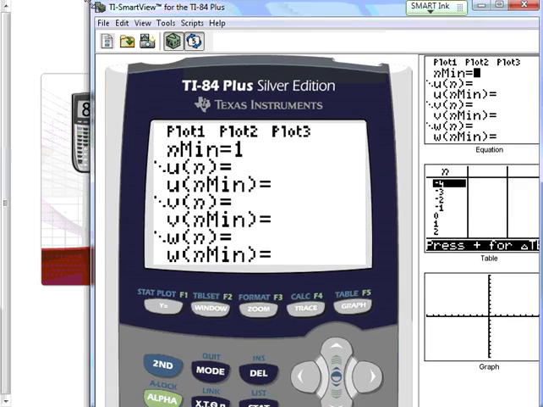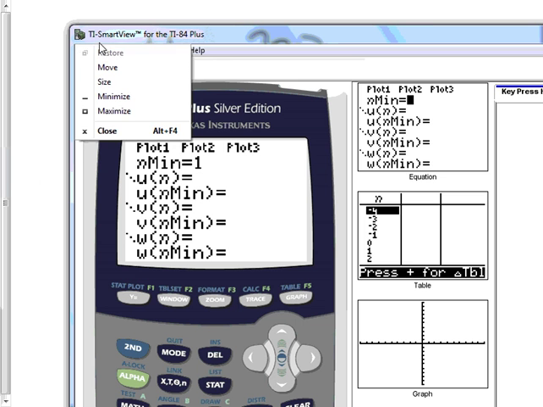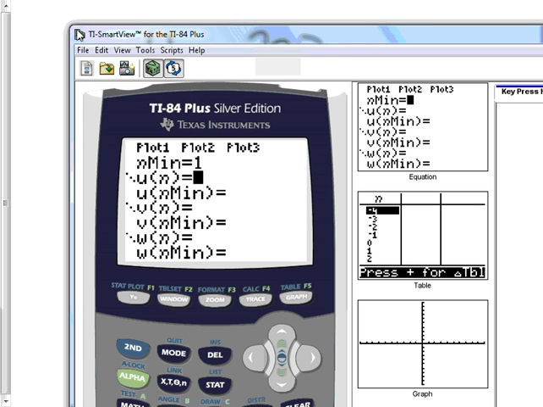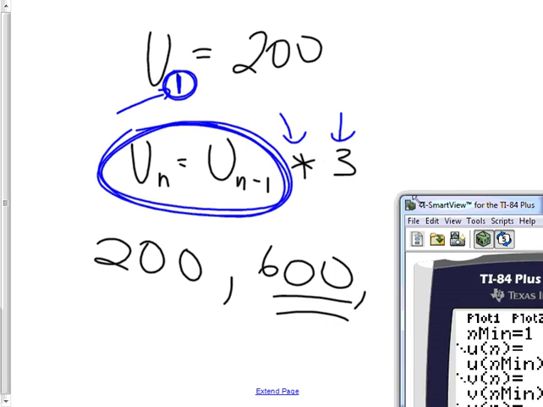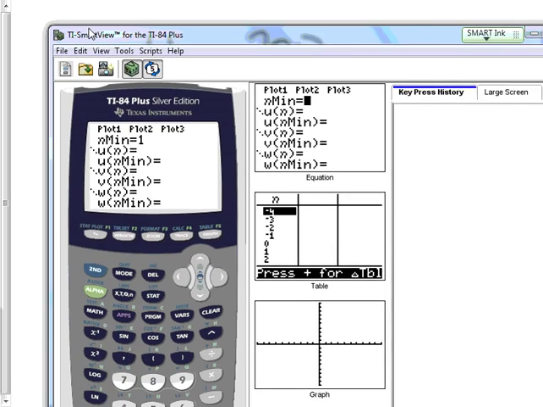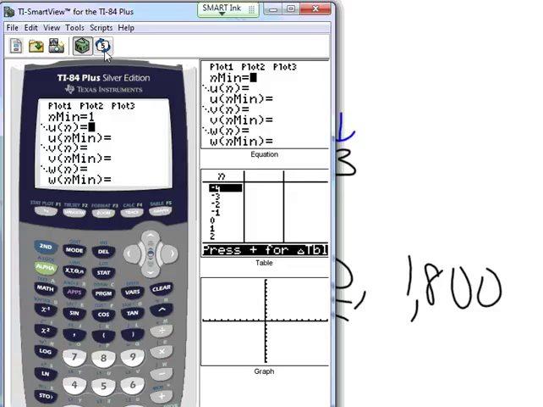I'm trying to make it smaller, but it's just moving it. Come on. There, I made it smaller again. Man, it's a pain. Okay, I've got to work on that software.